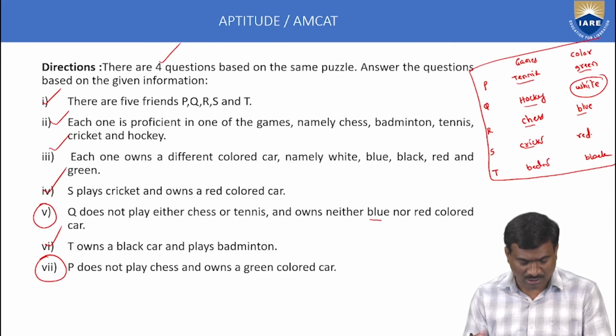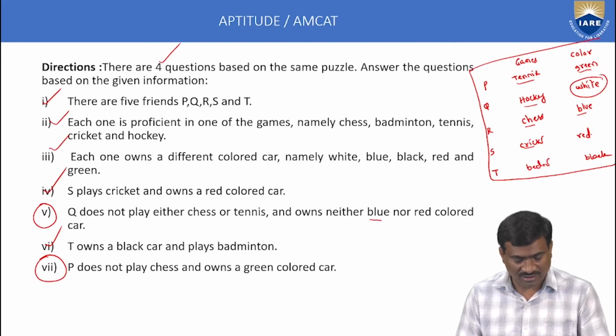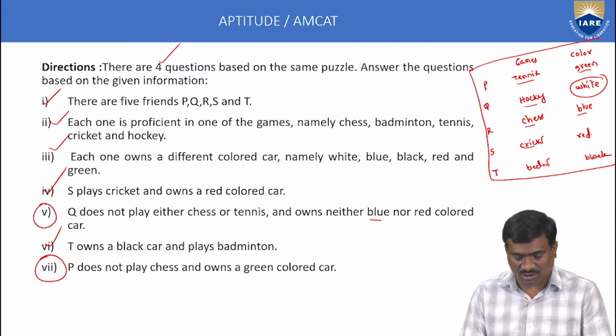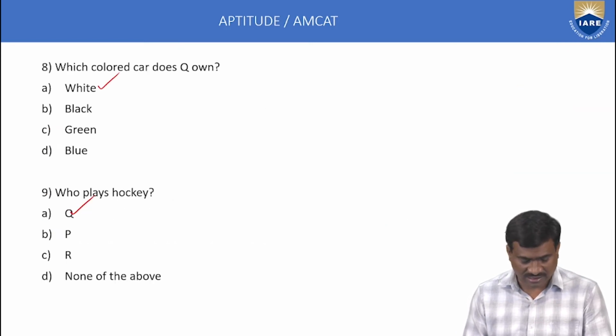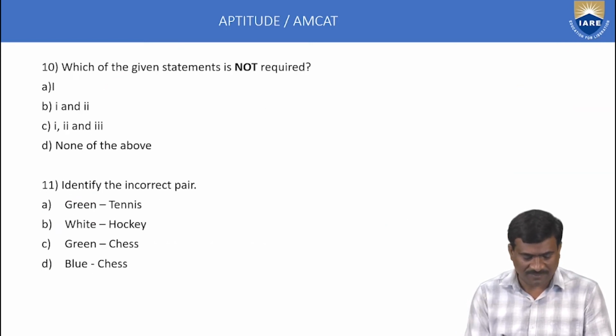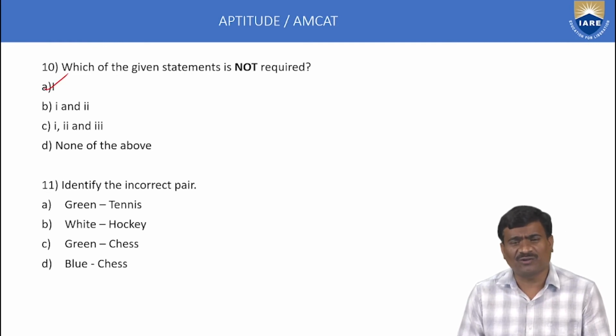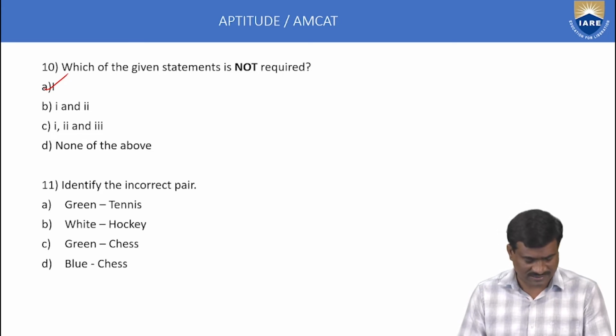I think all are required, but there are 5 friends P, Q, R, S, T. I think that statement is not required. The remaining statements are all required. So the answer here is 1, not required, because whether there are 5, 6 or 3 friends is not required. It requires only persons, games and colors.